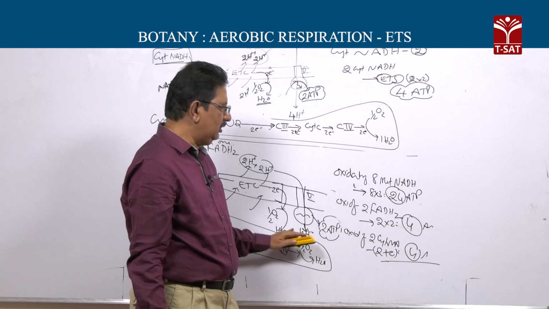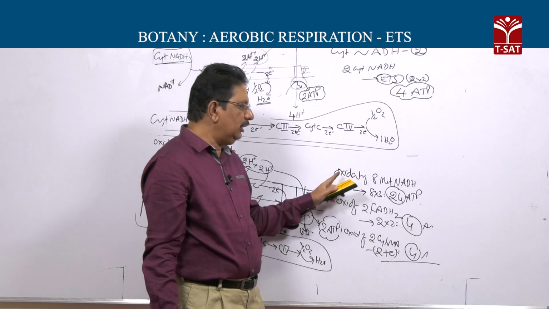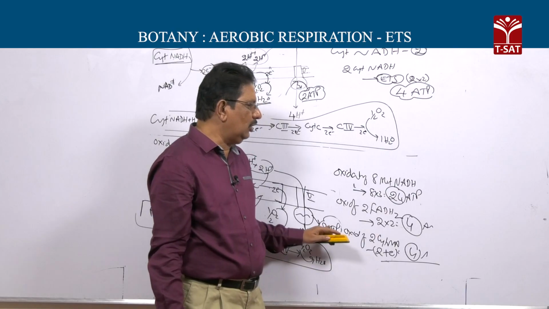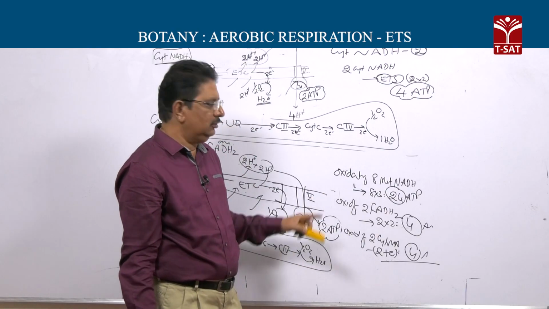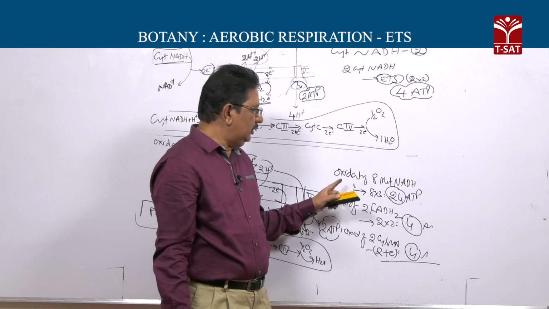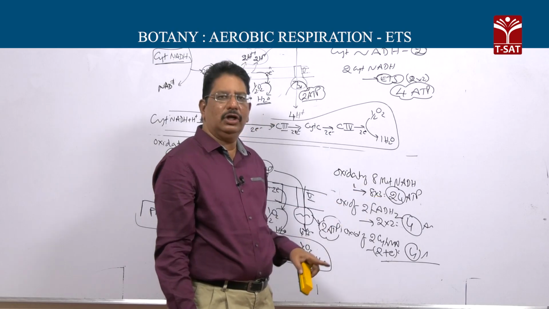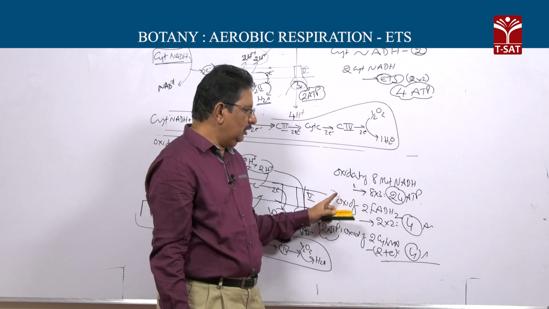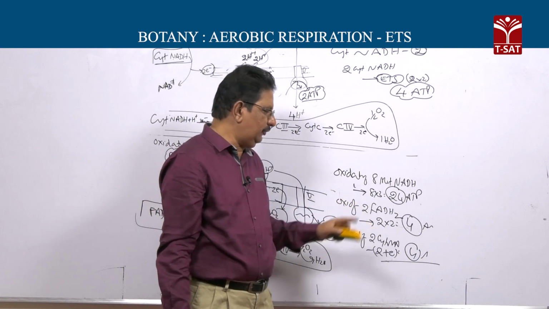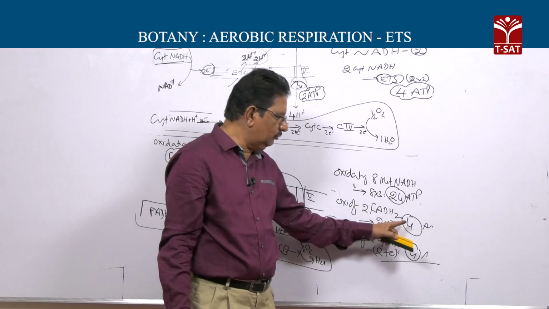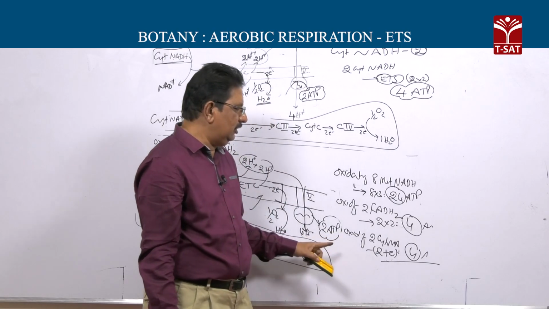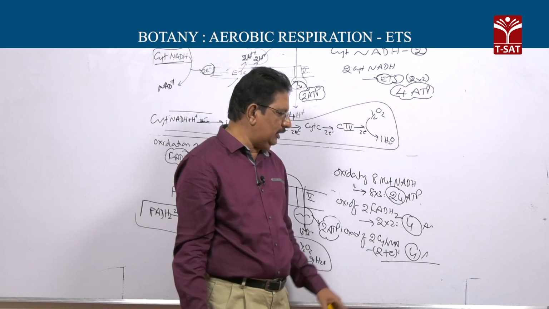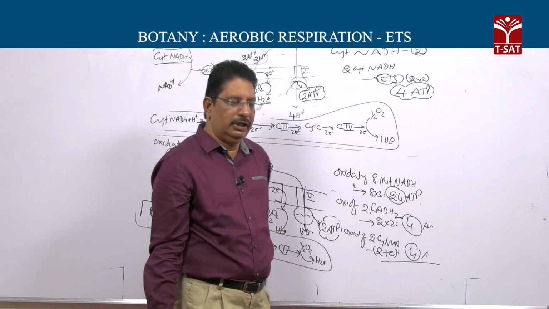So, after seeing all these things, the total ATP generated through oxidative phosphorylation comes like this. Oxidation of 8 mitochondrial NADH yields 24, right? And oxidation of 2 FADH2s yields 4, and oxidation of 2 cytosol NADH also yields 4 ATP.